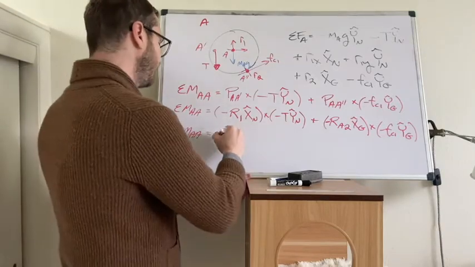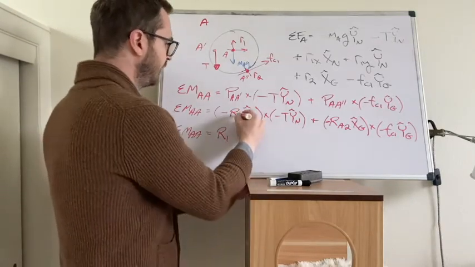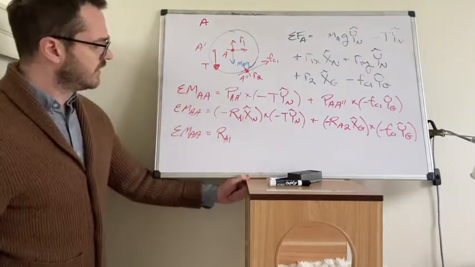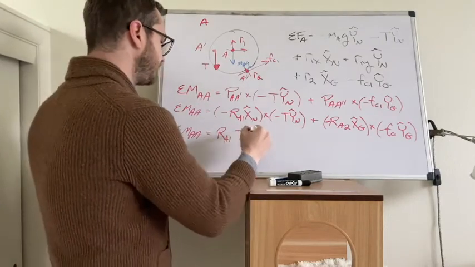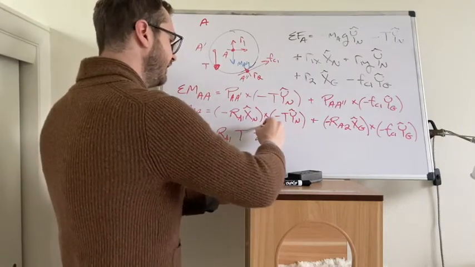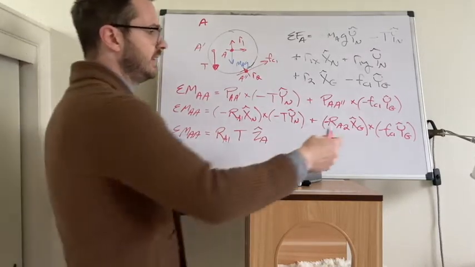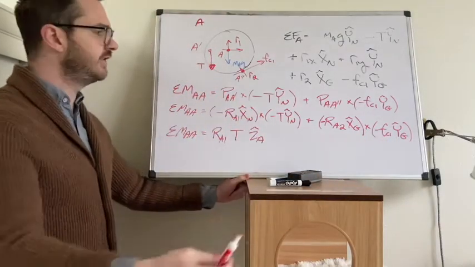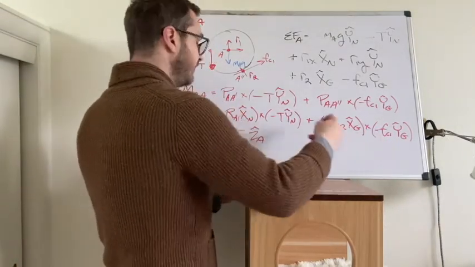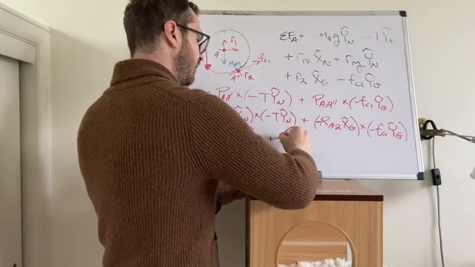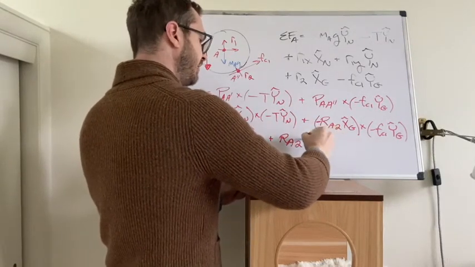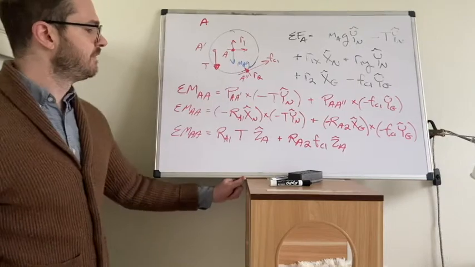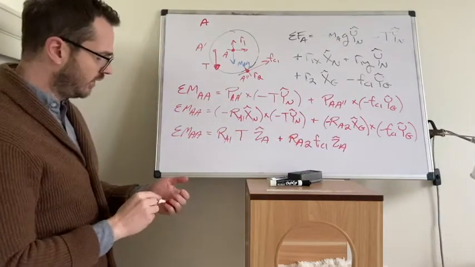So it's the scalars RA1 multiplied by the tension, and that is in the positive Z, so Z hat A. Next, we have X cross Y, which is positive Z. These are both negative, so we end up with the scalars RA2 multiplied by FC1, and that is also in the Z hat A. You could factor out the Z hat A if you want to, and group these terms.